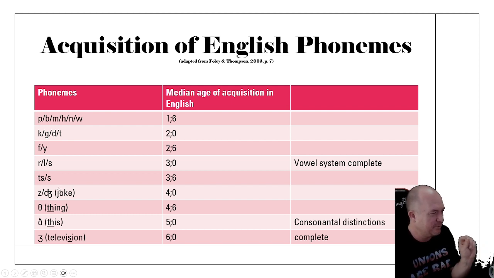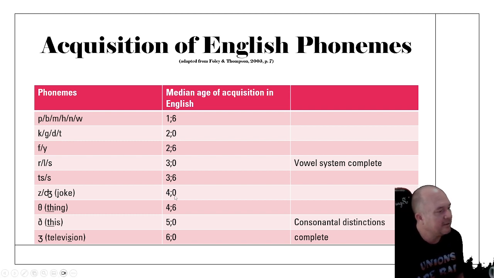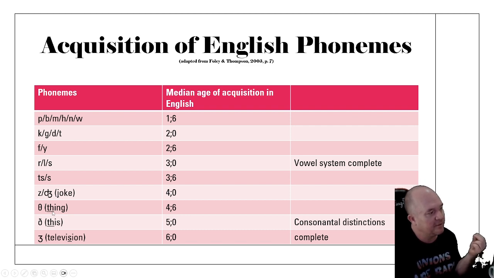It's a blend of two sounds combining to make one. And then around 4 years, 6 months, the TH sound starts to be acquired. English is a rare language that has this phoneme, this digraph, two letters making a sound.